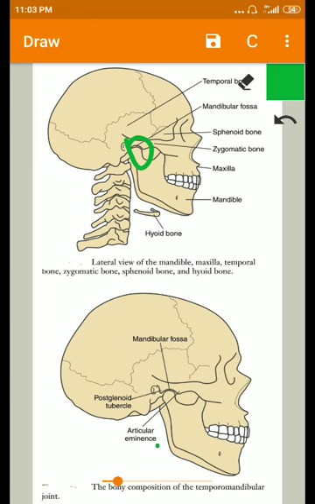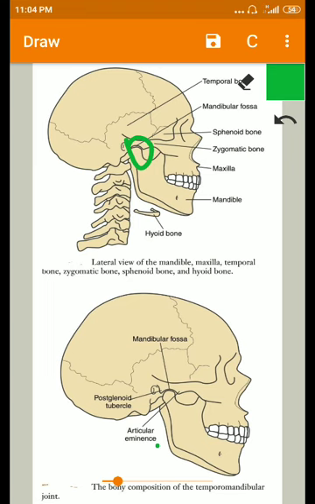These two things show that this temporomandibular joint is also functionally unique. So the temporomandibular joint is unique in the body both in structure and in function.